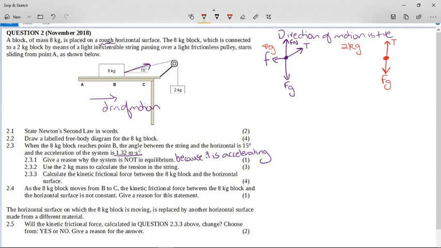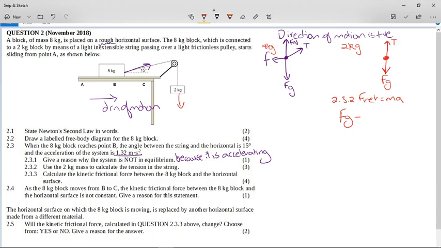So it says use the 2 kg mass to calculate the tension in the string. So the first thing that we do is we write the formula F net equals ma. Okay, 1 mark for the formula. And now we look, we can only add forces that are in a straight line. So if the direction of motion is positive, remember I declared that right at the start of the question, this thing is moving downwards.